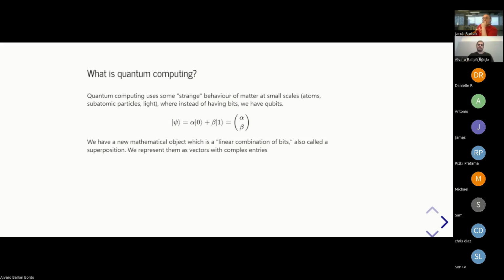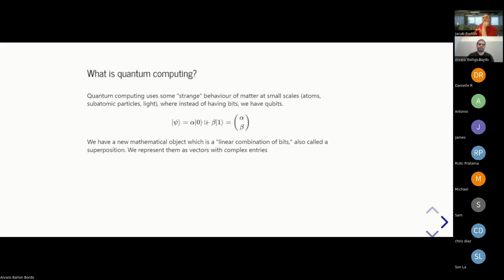This 0 is like the value of the bit is 0. And this 1 is like the value of the bit is 1 that we usually have in normal computers. The difference in quantum computers is that the laws of nature at a very small scale of atoms, subatomic particles, and light allow us not only to have zeros and ones, but allow us to have this weird entity, which is a sum of 0 and a 1.